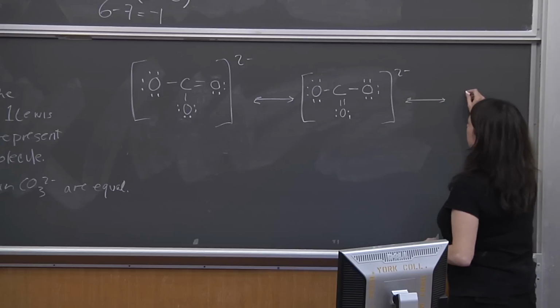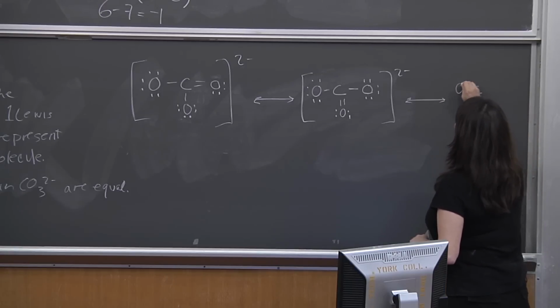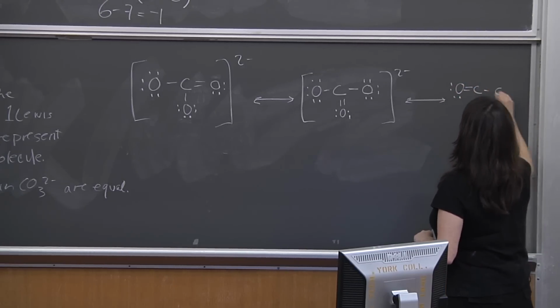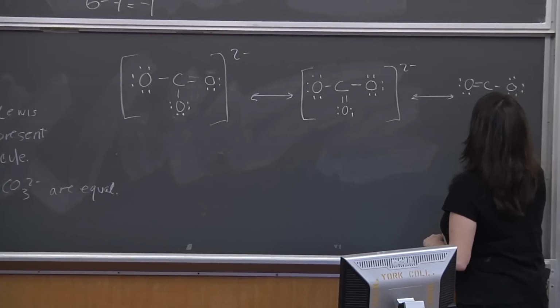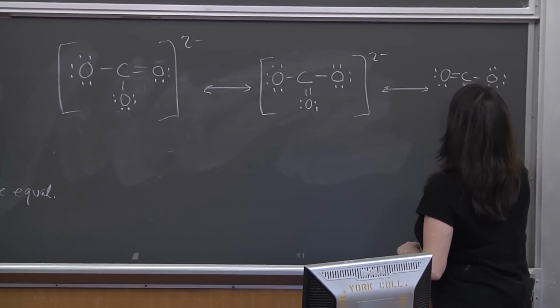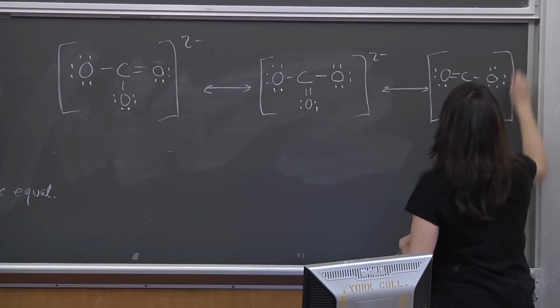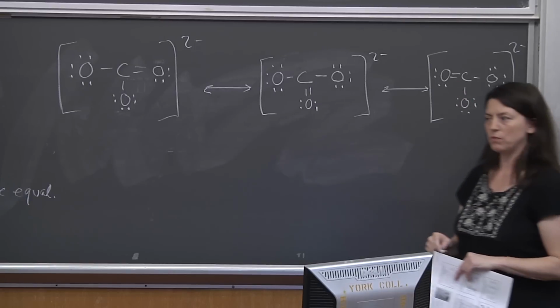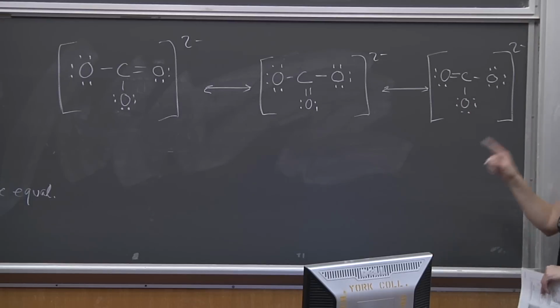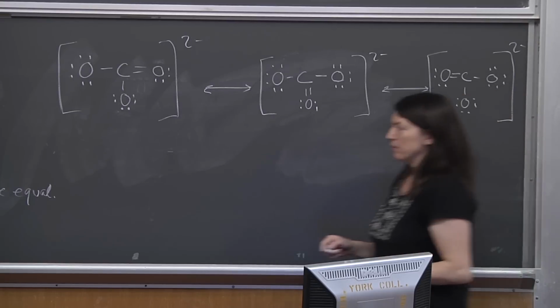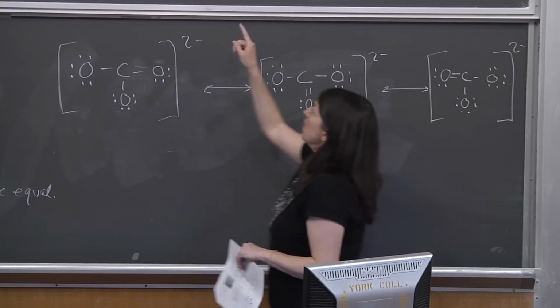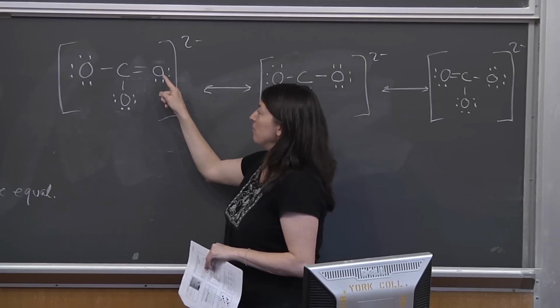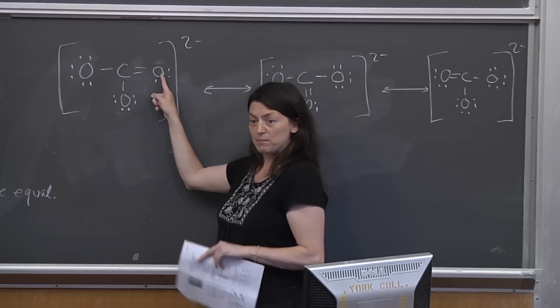So there's one more possibility for this. So this is C double bond O. So now the double bond is over here. So in these different resonance structures, the formal charge of, let's say, this specific oxygen atom could be different.